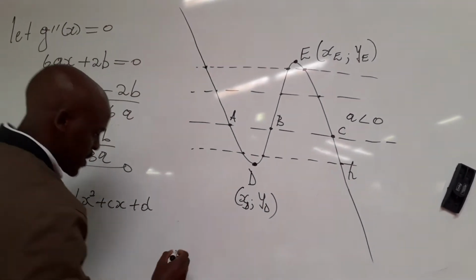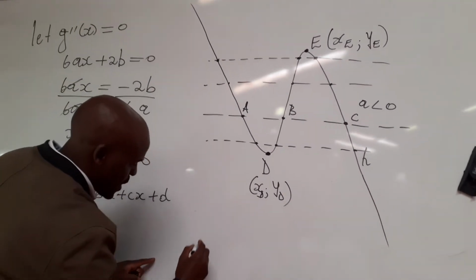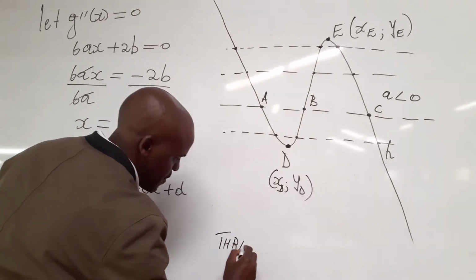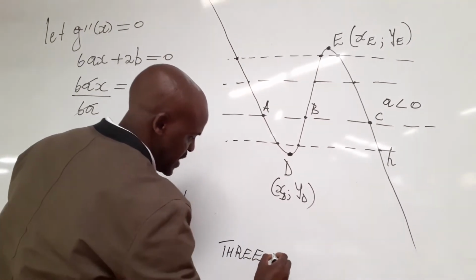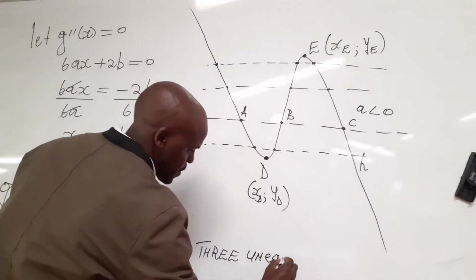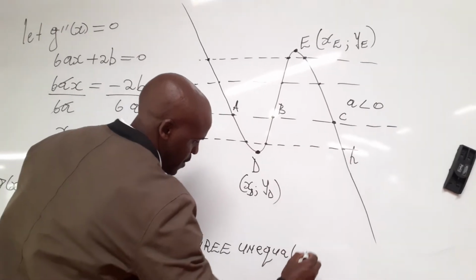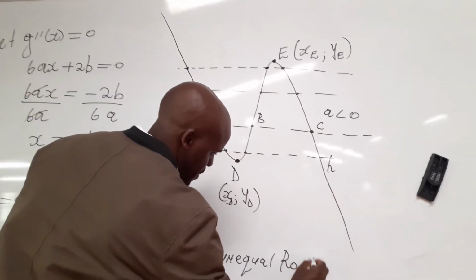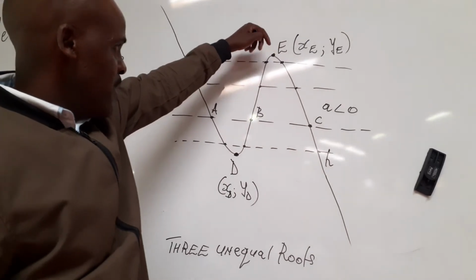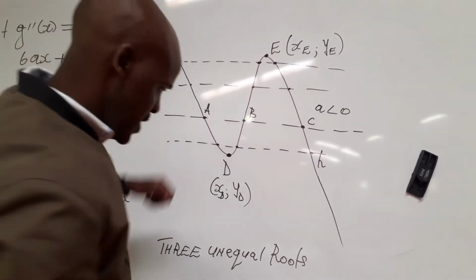Therefore, we are going to have 3 unequal roots below point E.